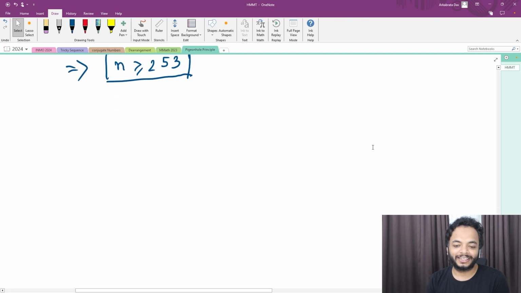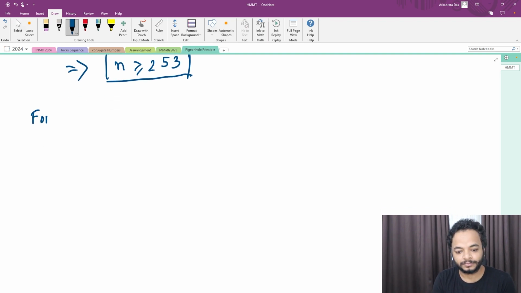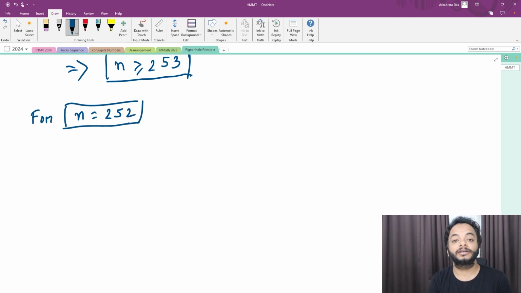So for n equals 252, let's show that we have a case where it doesn't hold. For 253 I'm guaranteeing that blindfolded, just take these 253 students, however they answer the questions, my condition will always be satisfied. So I have to show that for 252 there is at least one case where it doesn't happen.